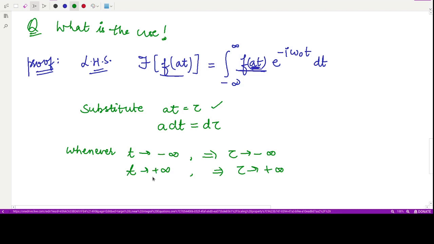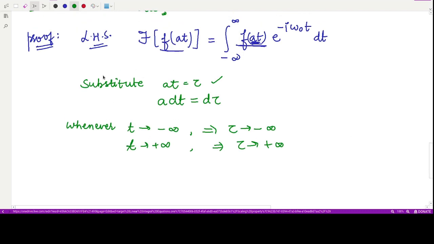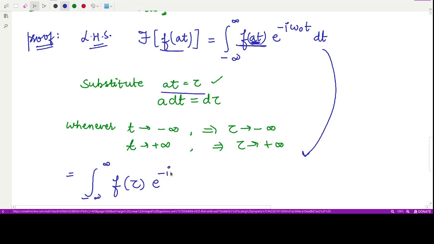So the limits remain the same. Now we can make this substitution. You have the integration from minus infinity to infinity; in place of at we write tau, so e to the power minus iota omega naught, instead of t we write tau by a, and in place of dt we write d tau by a, right?